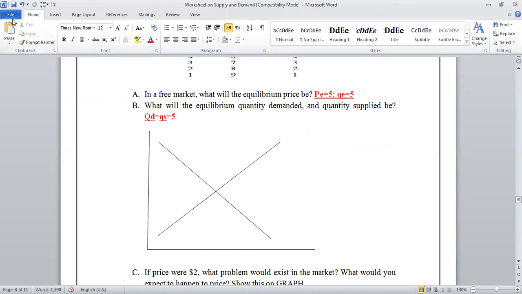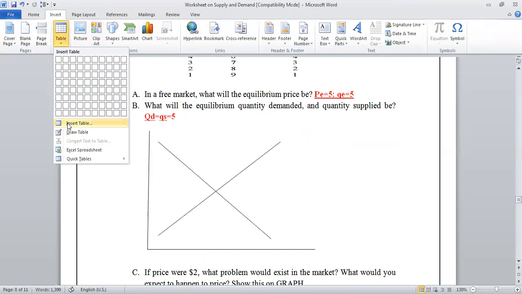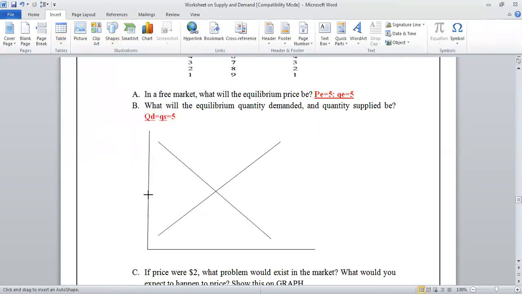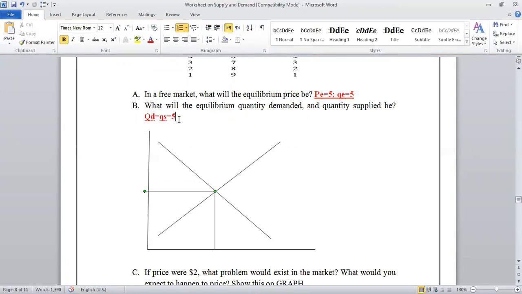Okay, and we have the equilibrium price right here, and equilibrium quantity right here. Okay, let's see. This is price.